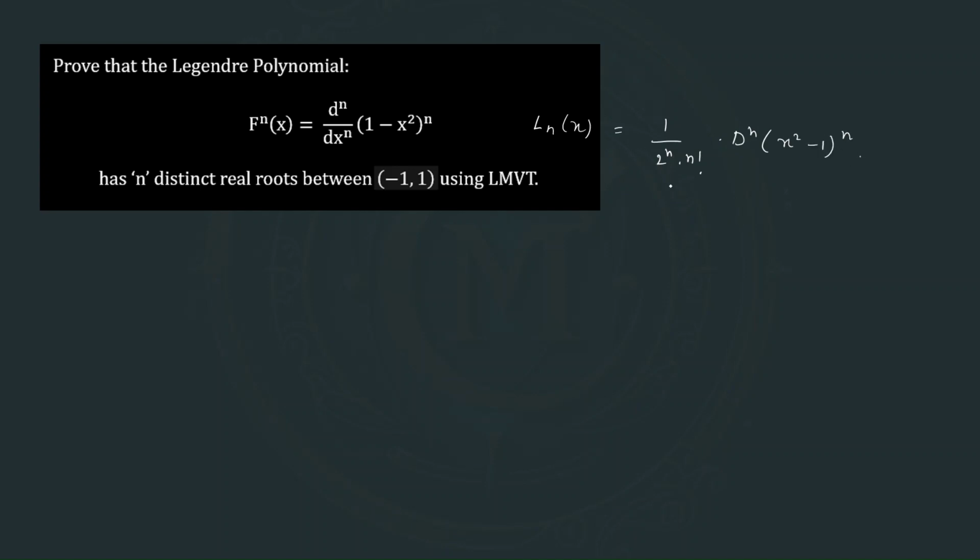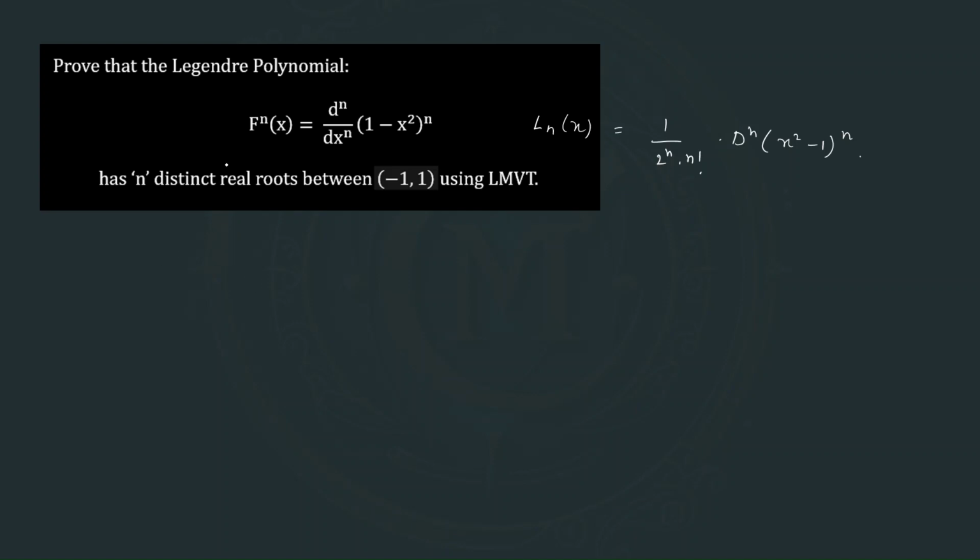So this is the actual form of the Legendre polynomial. But here this is some function fn of x. So we are to show that this polynomial has n distinct real roots between -1 to 1 using LMVT.